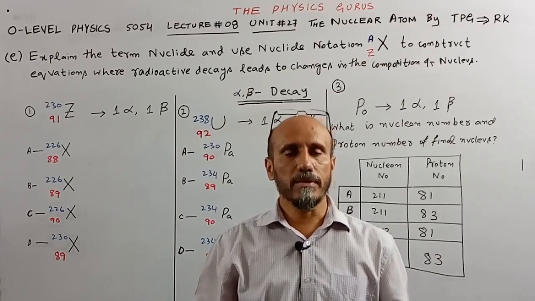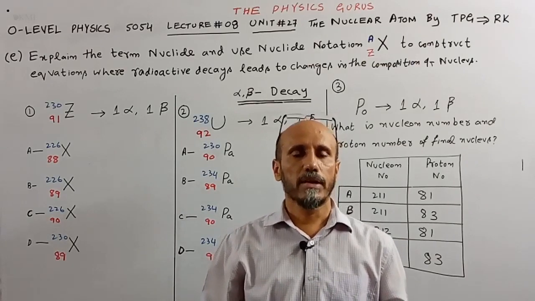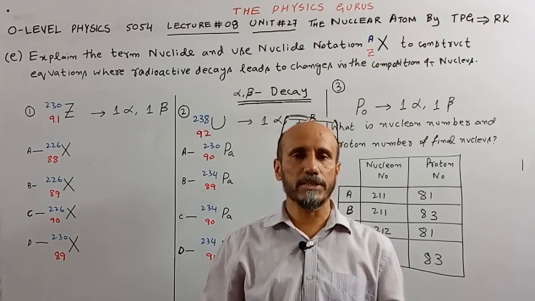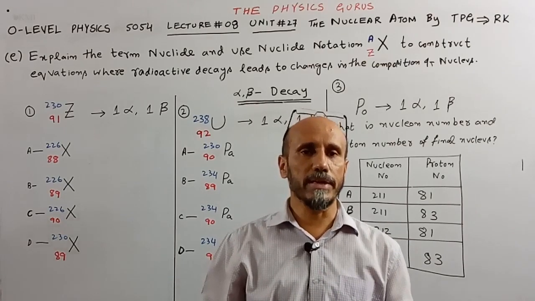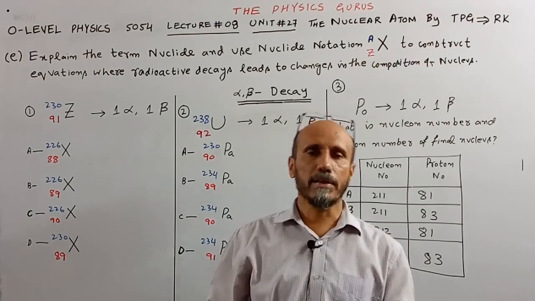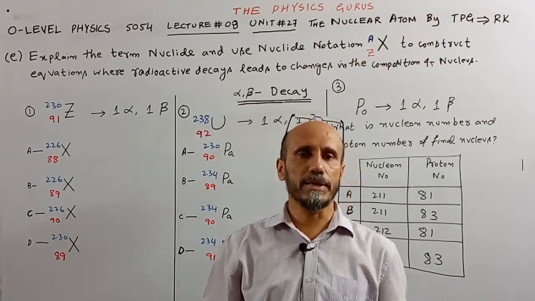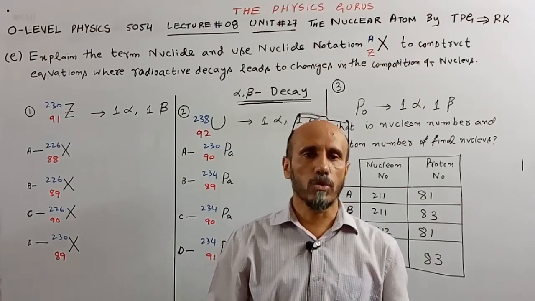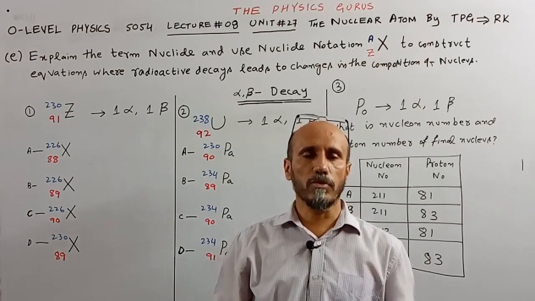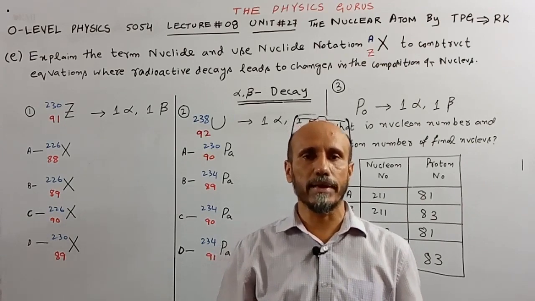Now we will consider different examples from past papers in which a radioactive element emits two types of radiation. Once it emits an alpha particle and is converted into a new element, that new element then emits a beta particle. So let's see what sort of calculations we can do in order to find the correct answer.